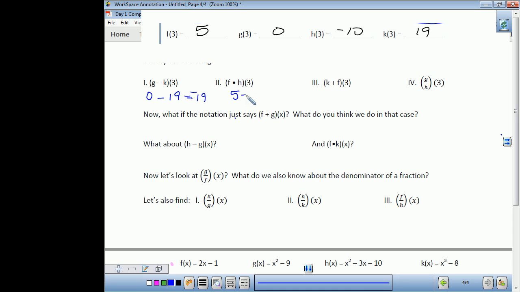H of 3 is negative 10. So here we're multiplying. Did you get negative 50? Okay. K is 19, plus 5. Did you get 24? Okay. G is 0. 0 divided by any non-zero number is 0. 0 divided by 0 is not defined.